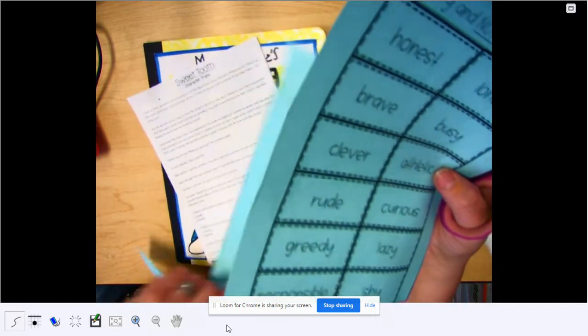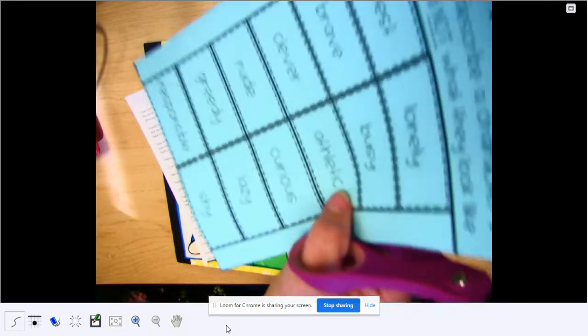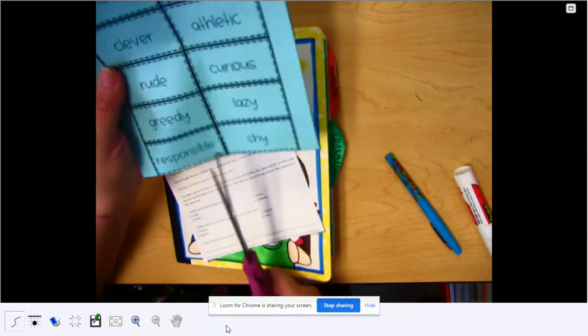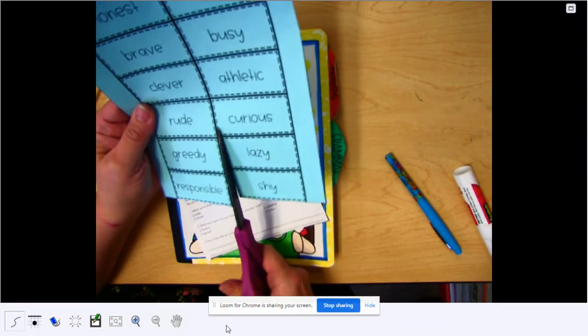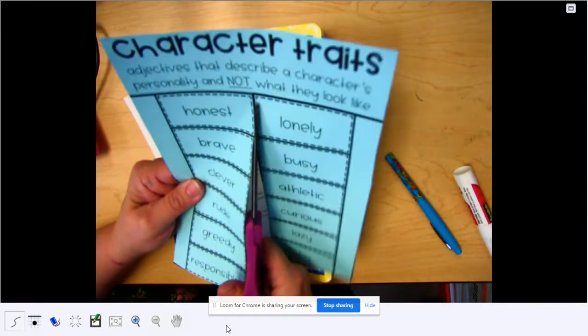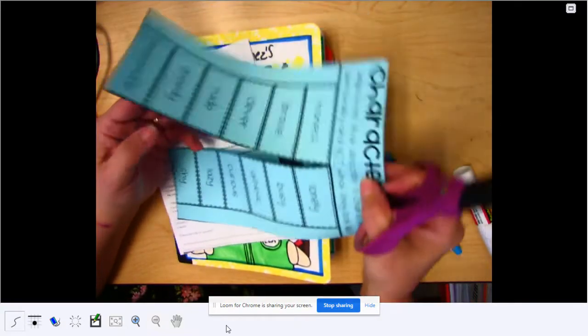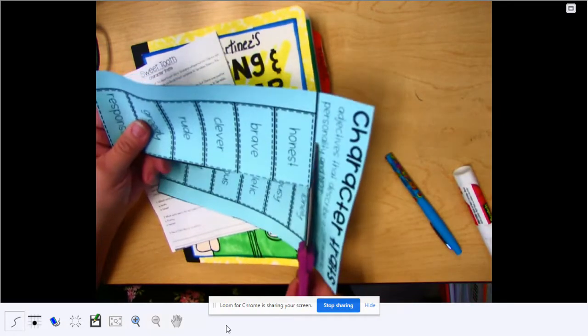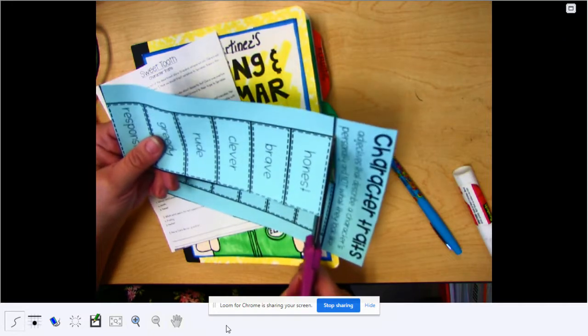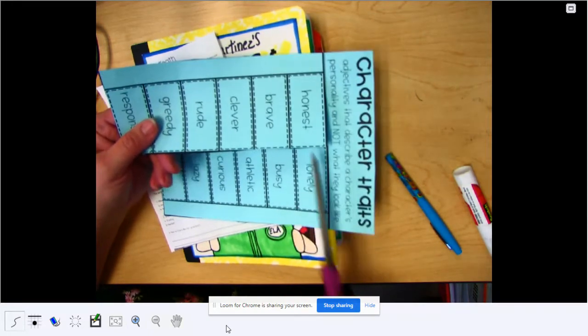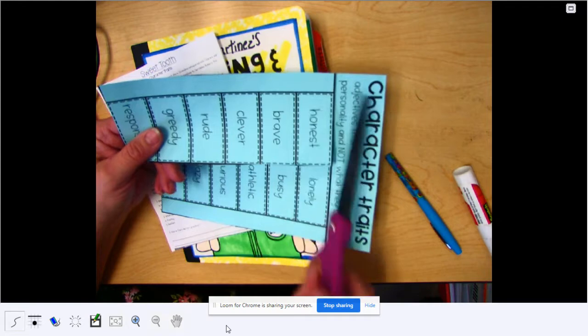Okay, so I've got the outside cut. I'm going to throw these pages away. We're going to cut up the middle to that line and stop. Okay, we're going to turn it. We're just going to cut till we get to this part right here. We're not going to cut past that.